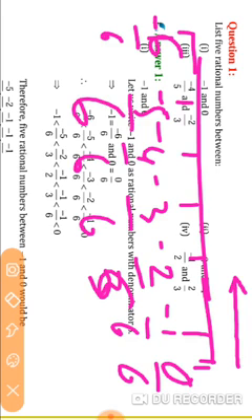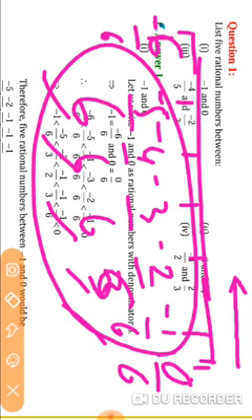Okay, see now, 1 2 3 4 5. Is it not 5 rational numbers between minus 1 and 0, isn't it?